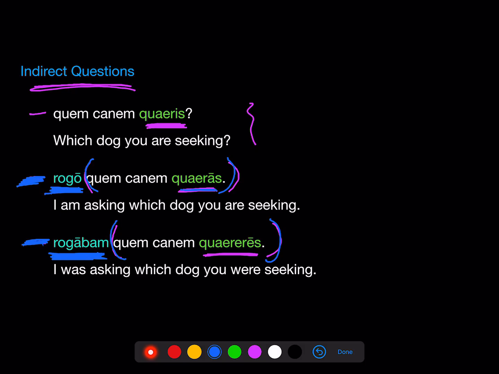If the main clause is in a past time, you're going to use the imperfect subjunctive. Okay, so present subjunctive, imperfect subjunctive. The only difference is this main clause is about a present time. This main clause is about a past time.